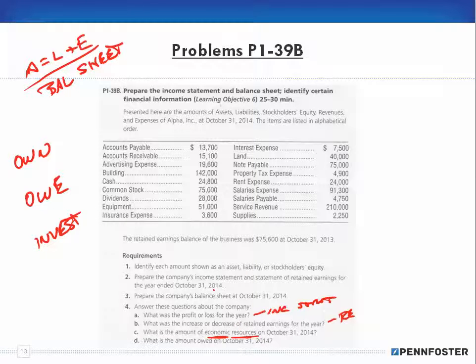Economic resources, well, that's not something we owe. If we owe them, they can't be resources, and obviously they're not an investment in the business because they're a resource. Sure, you could think of it as a resource in that somebody invests money in the business, that gives us cash as a resource, but notice what I just said. It gave us cash. Well, cash is an asset.